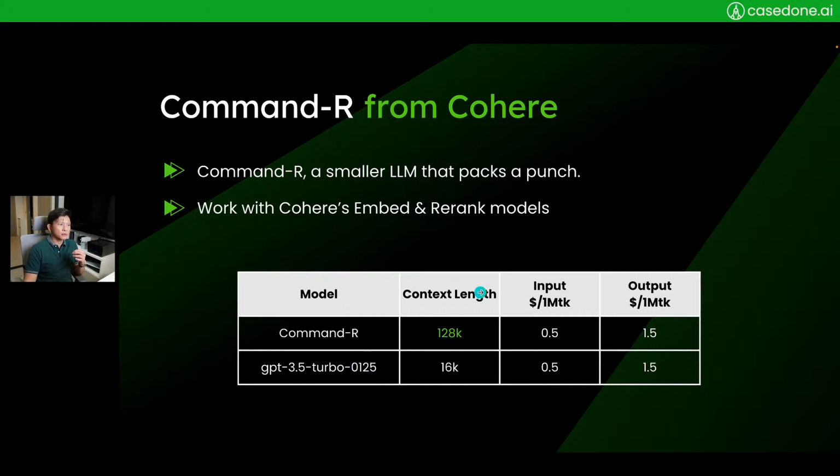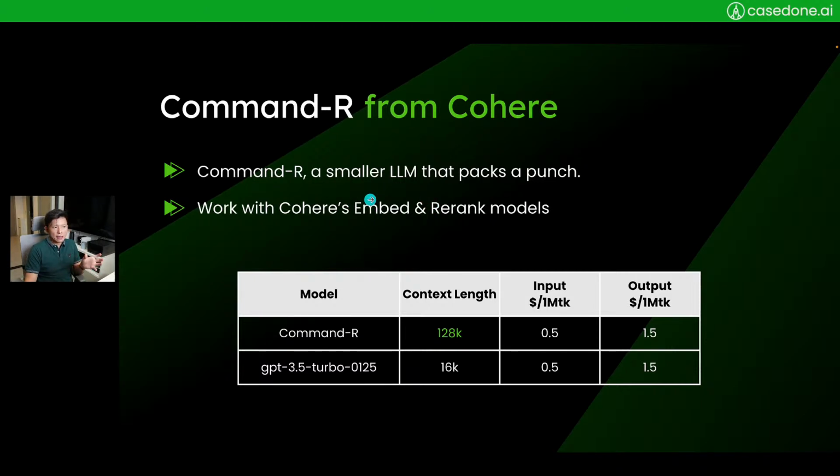I think it's useful to know that Command R is a smaller-size LLM, about the size of GPT-3.5, and if you use it well, it can actually deliver a quality RAG pipeline. More specifically, Cohere has other models that will enhance this RAG pipeline, which I will explain in the next topic.